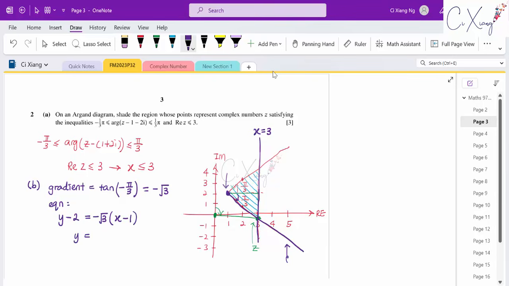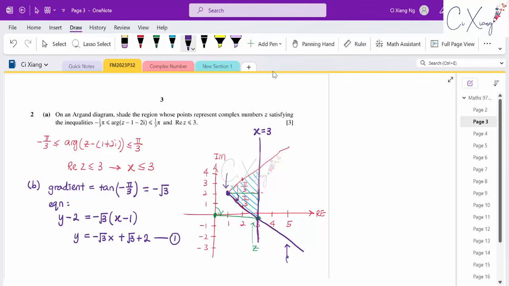And from here, if I simplify my equation, the linear equation that I have will look something like this. Okay? And after that, this is my linear equation, so I'm having equation number 1.